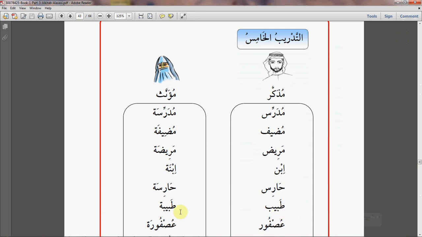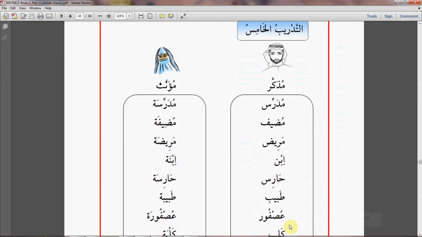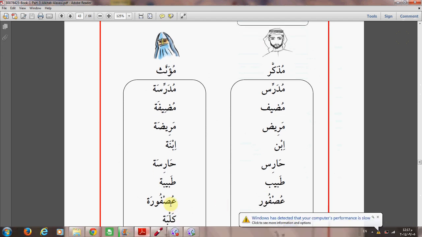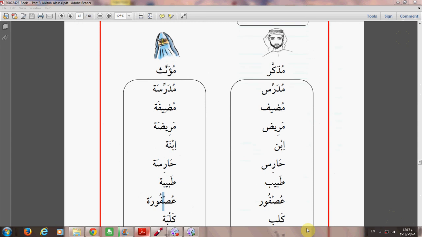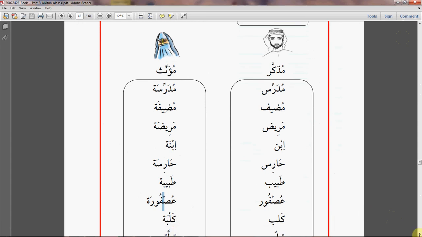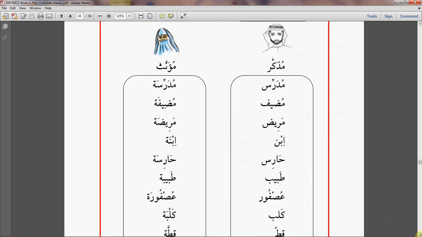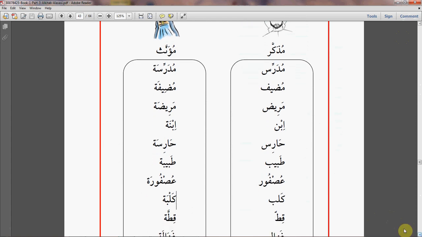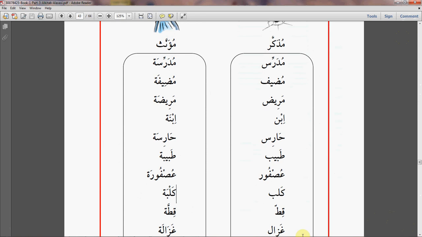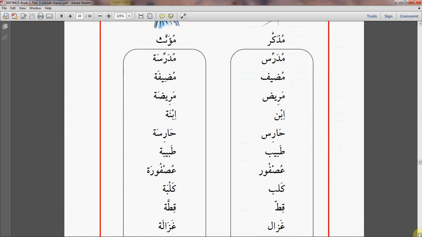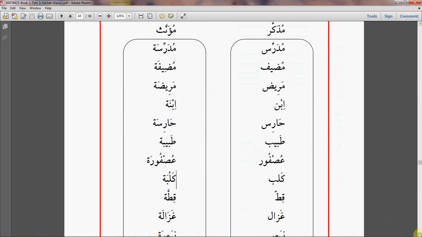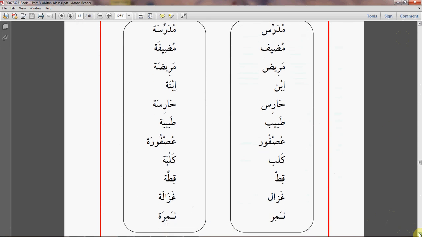طبيب, طبيبة. عصفور, عصفورة. كلب, كلبة. قط, قطة. غزال, غزالة. نمر, نمرة.